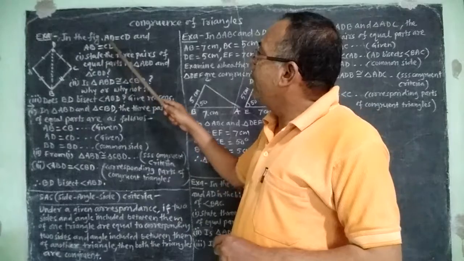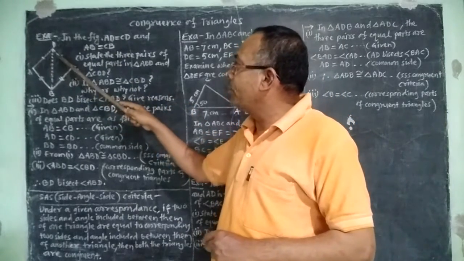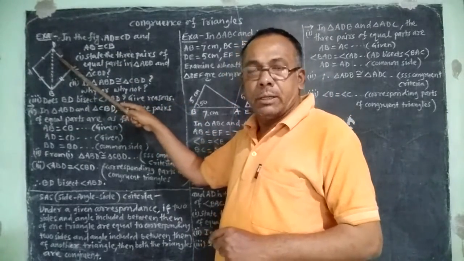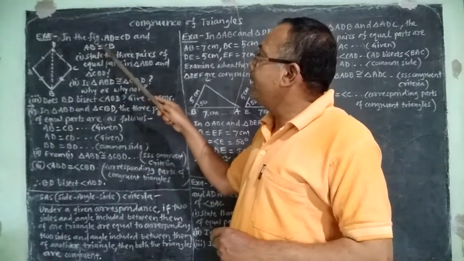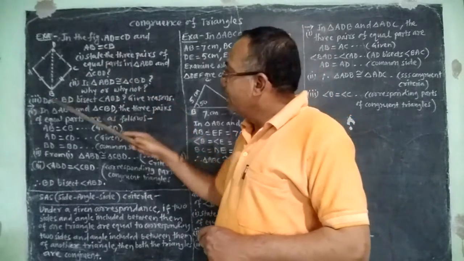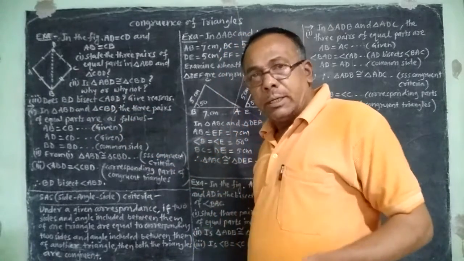In this figure, AD is equal to CD, meaning the length of AD and the length of CD are equal. It is given in the question. Also, AB is equal to CB. The length of AB and the length of CB are also equal.